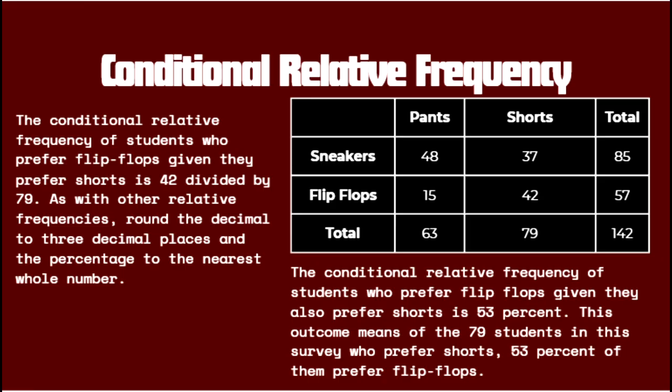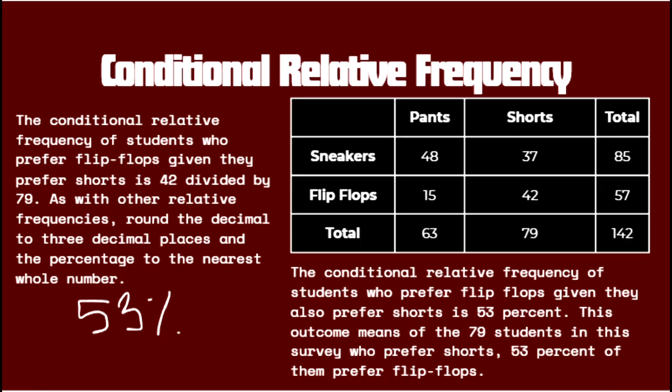As with other relative frequencies, round the decimal to 3 decimal places and the percentage to the nearest whole number. So if I grab my calculator and we go 42 divided by 79, we get 0.531. So our total is going to be 53%. The conditional relative frequency of students who prefer flip-flops, given that they also prefer shorts, is 53%.